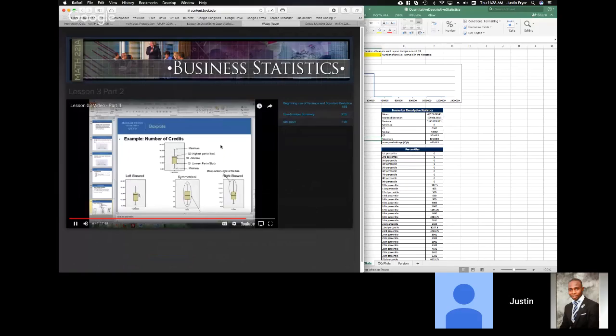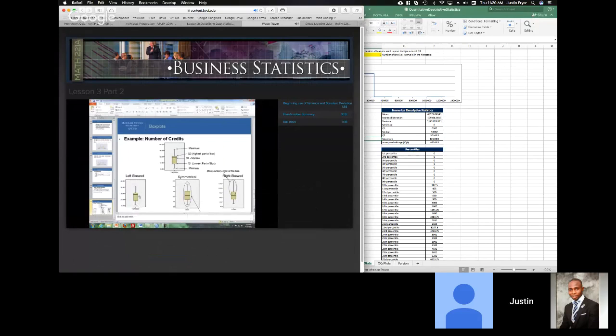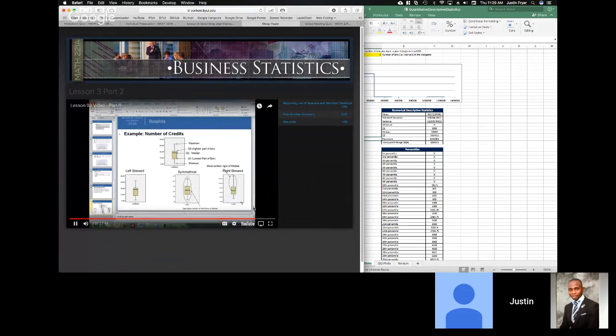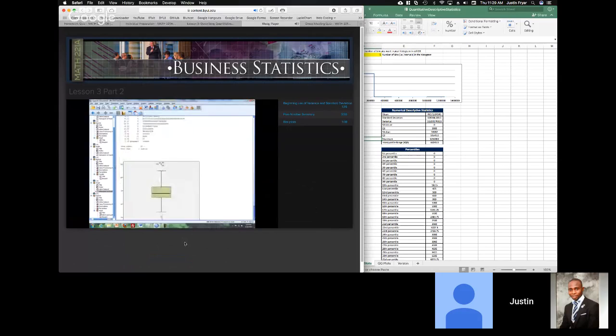If we have a median here and the minimum is further away from the median than the maximum is, then it would be a skewed distribution. If the maximum is further away from the median, okay, now what I want to do is pull up an example briefly here.